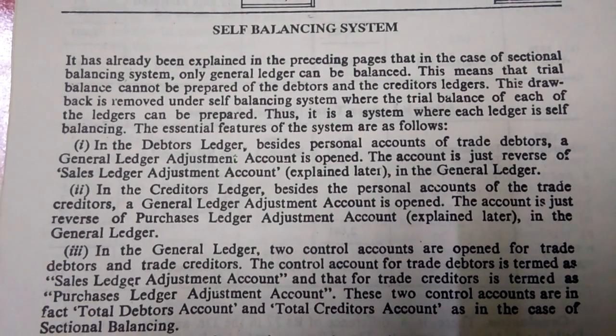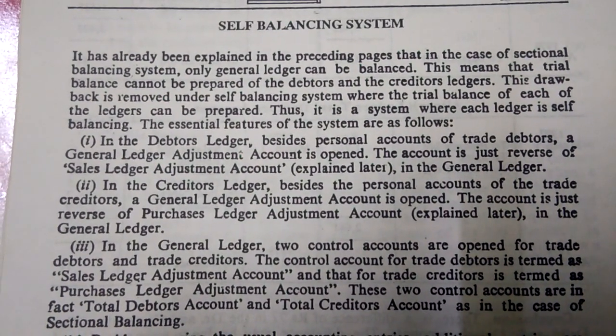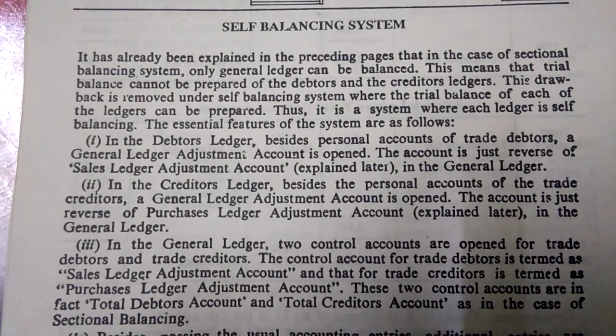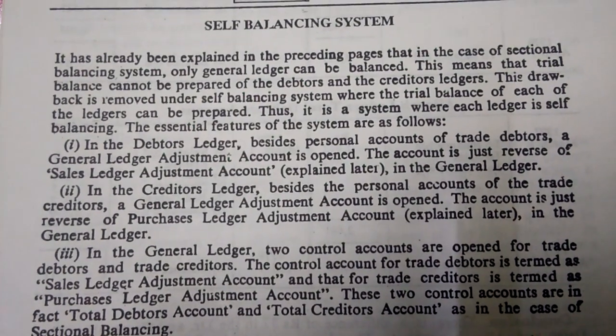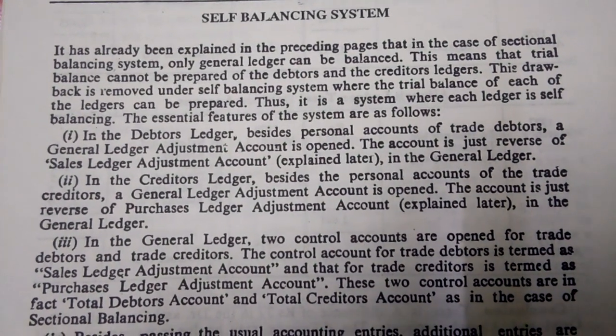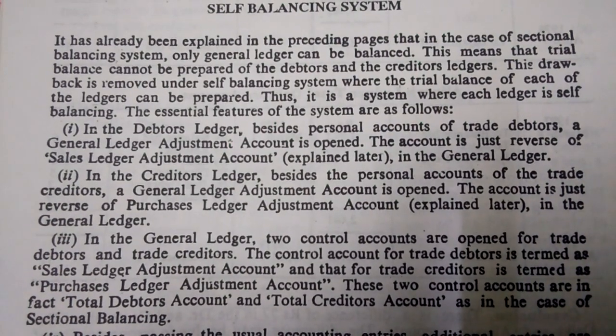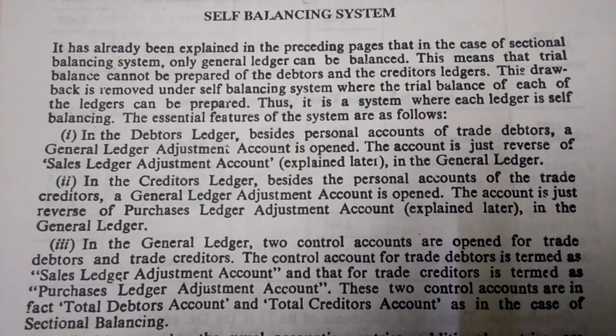So in sectional balancing there is no double entry system, and also the main drawback is that the trial balance is not prepared.